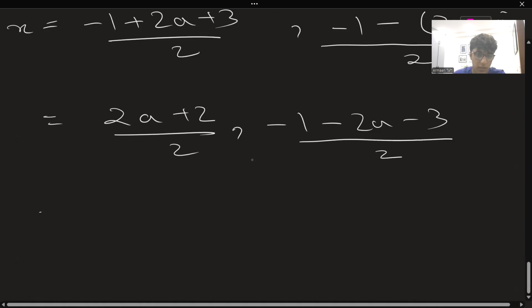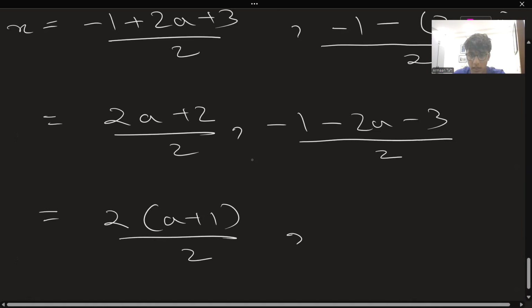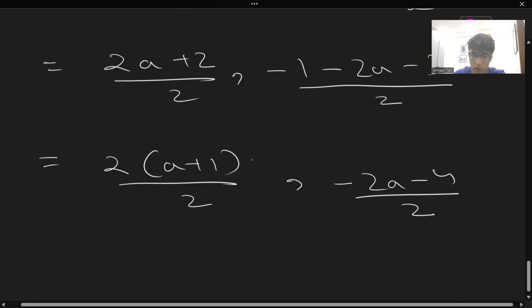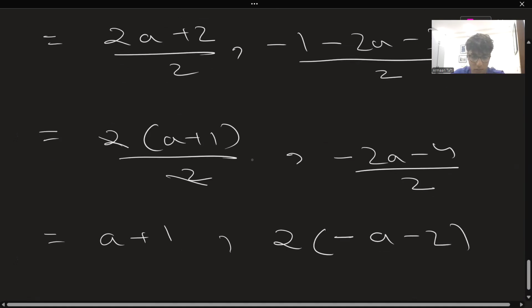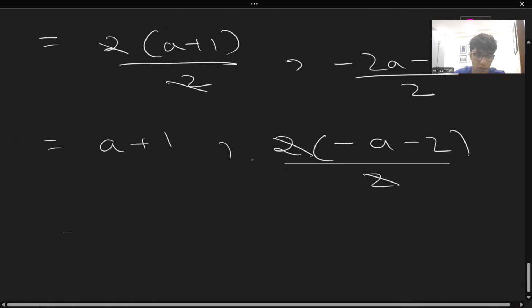For the simplification, take 2 out common: a plus 1 by 2, and for the other, minus 2a minus 4 over 2, so cancel the 2s out. Your roots are a plus 1, and I can take 2 out common from here as well, minus a minus 2, divided by 2, cancel out both. So finally, both your roots are a plus 1 and minus of (a plus 2).